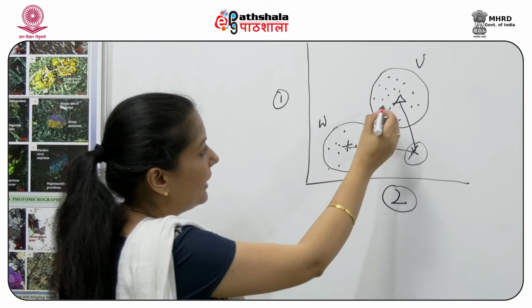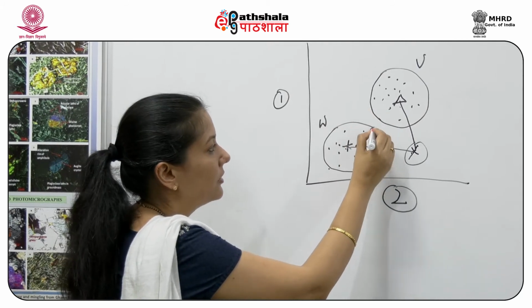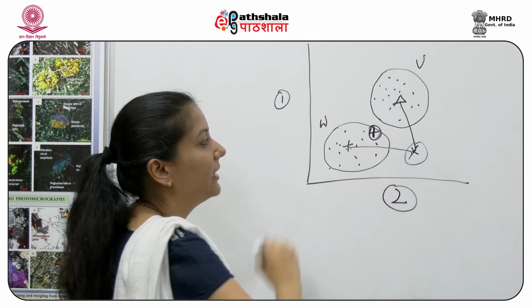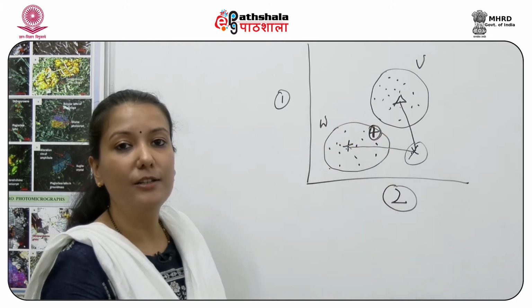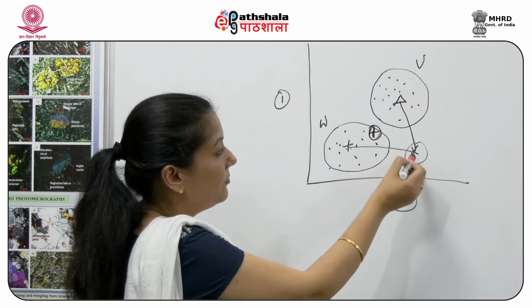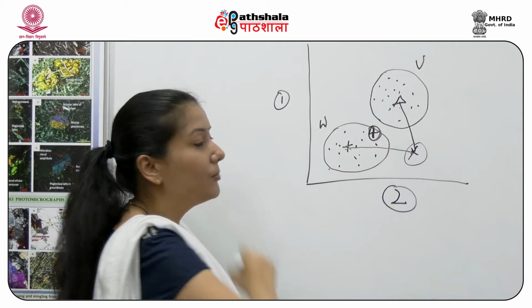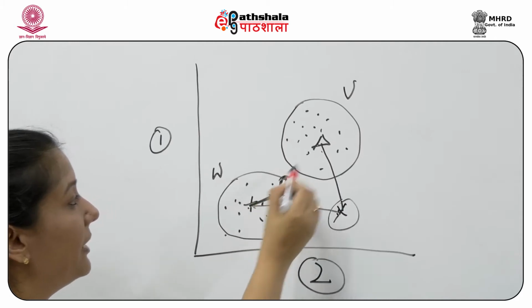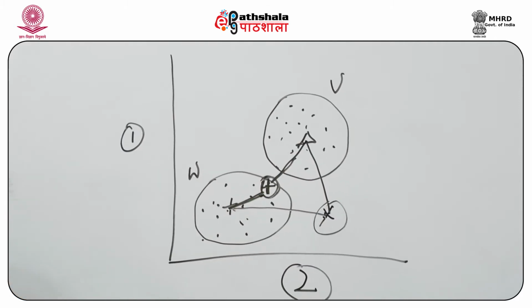Now suppose we had some pixel value here. This is one of the pixels which was unidentified, and its reflectance values are here. It might be assigned to this class instead of this class because this distance might be higher as compared to this distance.